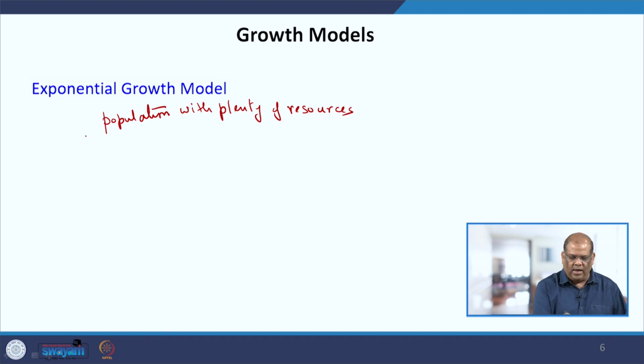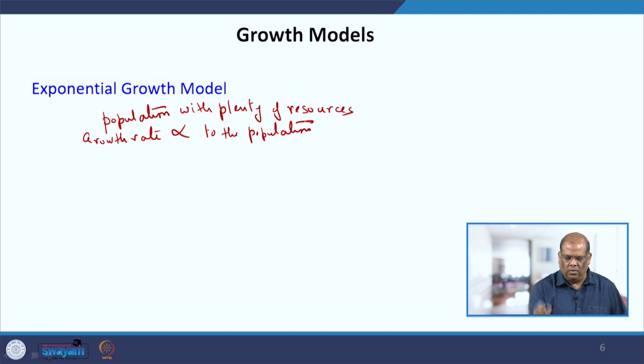In such a case, the growth rate is proportional to the population. That means if x is some species, then dx/dt, the rate of change of the population, is proportional to the population x, and this implies dx/dt equals some r times x.